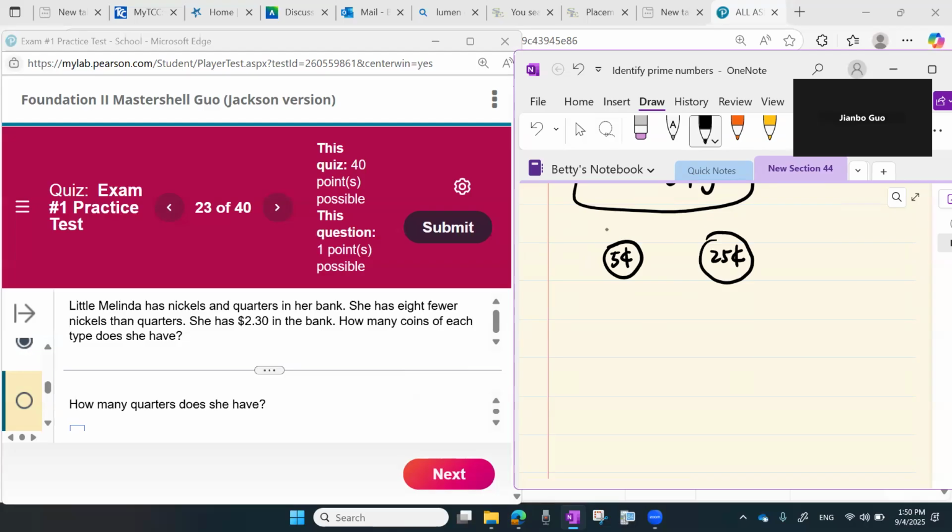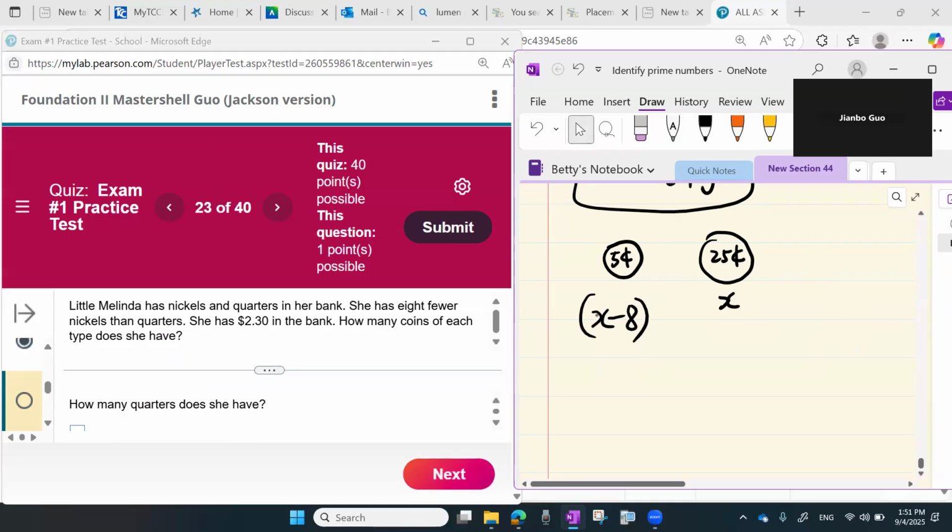Since the first question asks about the number of quarters, we're going to let x be the number of quarters. Melinda has 8 fewer nickels than quarters, which means she has more quarters than nickels. So if the number of quarters is x, then the number of nickels is 8 less than x, so it's x minus 8.